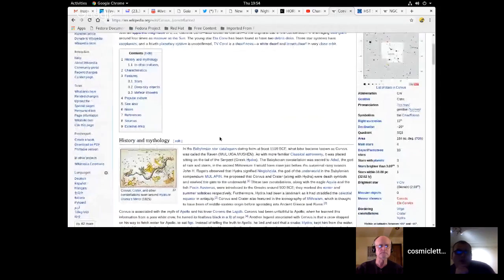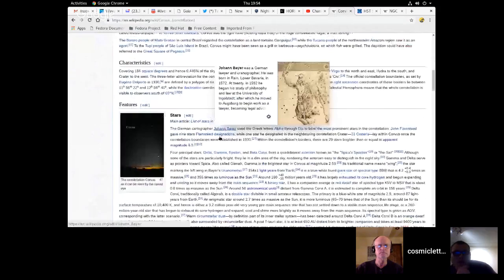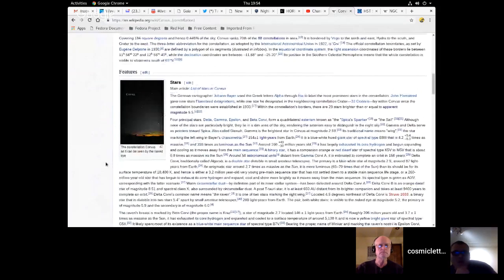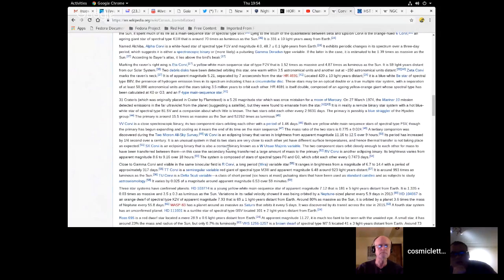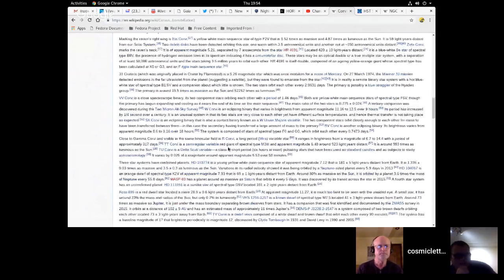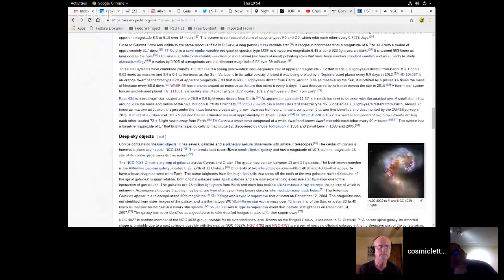I don't necessarily like to rely on Wikipedia to tell me too many things, but it's a nice jumping off point. Spectroscopic binary, VV Corvi. It's kind of cool. There's always more than what we want. So Ross 695 is a red dwarf star, pretty close to us. Magnitude 11.27. So yeah, can't see it without a little bit of help.